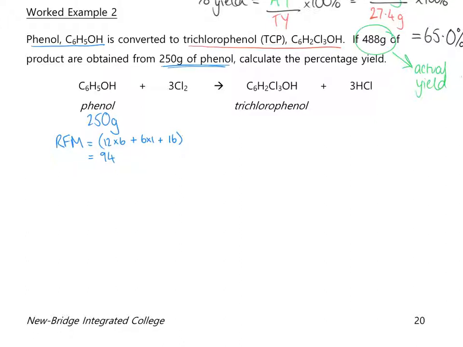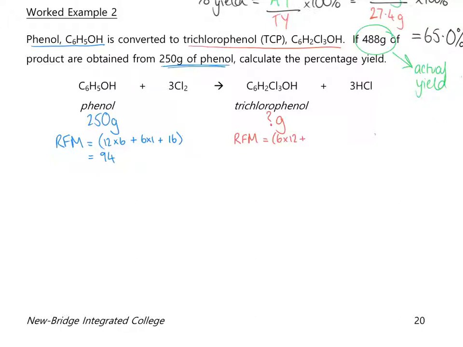Okay, let's move over to our product that we're trying to work out the mass of, and that's our trichlorophenol. So I'll put a question mark there, trying to work out the number of grams of trichlorophenol. I am going to need my RFM when I come to convert to mass, so let's work that out now. Again, I have 6 carbons, so that's 6 times 12.